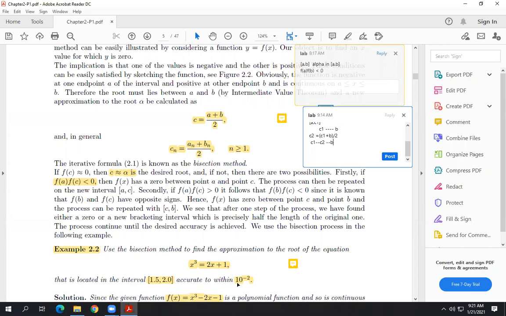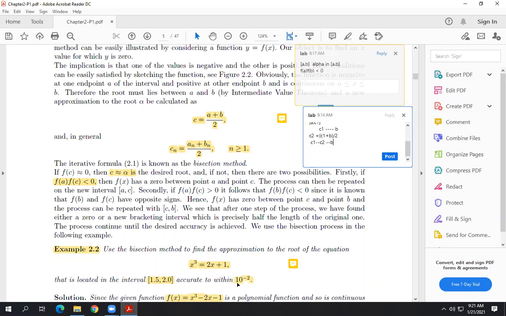I told you, he gives two different ways, either by number of iterations or by accuracy. Here in the book it is by accuracy, but in the exam generally he can give it by number of iterations. That means find two iterations, which means you have to find C1 and C2.